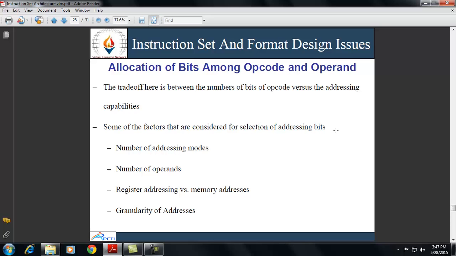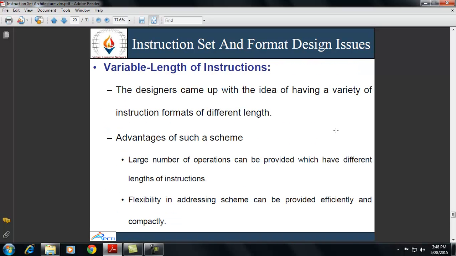Then register addressing versus memory addresses. Register references require few bits in comparison to memory addresses. And granularity of the address. As far as memory references are concerned, granularity implies whether an address is referencing a byte or a word at a time. This is more relevant for machines which have 16-bit, 32-bit and higher bit words.